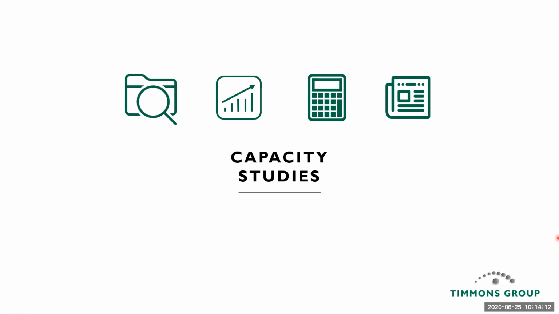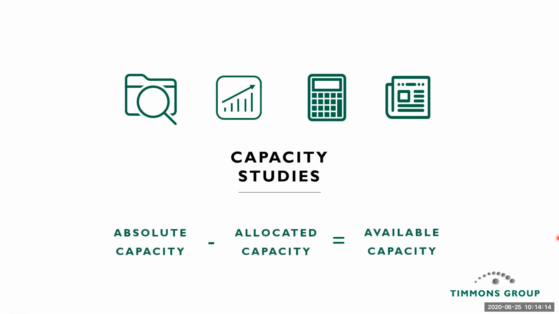The primary equation for a capacity study is simply the absolute capacity of a given piece of infrastructure minus its allocated capacity gives its available capacity. Now, the allocated capacity is a combination of existing flows and what we call non-tributary flows for projects that have been recently approved by the locality but not yet constructed.